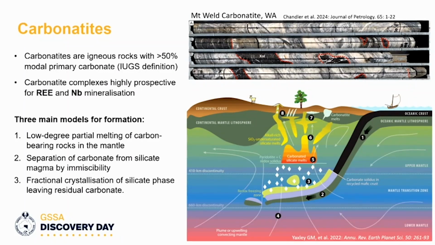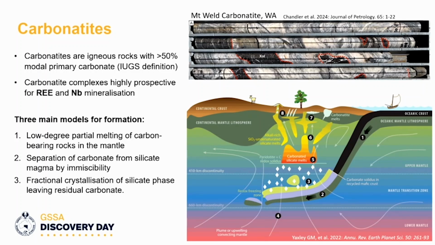So starting from the top, carbonatites are igneous rocks with over 50% modal primary igneous carbonate, and we are interested in them because they are highly prospective for rare earth element and niobium mineralisation. The models for formation are still a highly contentious topic, but there are three main models. They all start in the same place, with melting of carbon-bearing rocks within the mantle. The first model suggests that only a low degree of partial melting occurs, so you form a primary carbonatite melt out of the mantle.